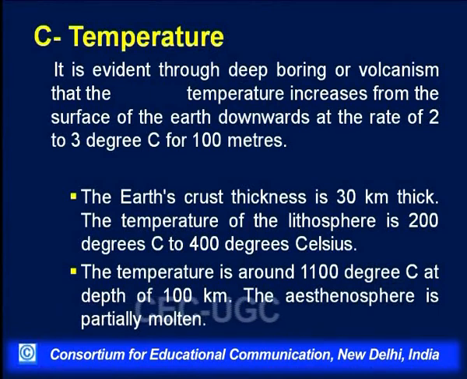Within the crust, the temperature increases at the rate of 2 to 3 degrees Celsius for 100 meters, and at the level of the lithosphere it is about 200 degrees Celsius to 400 degrees Celsius.